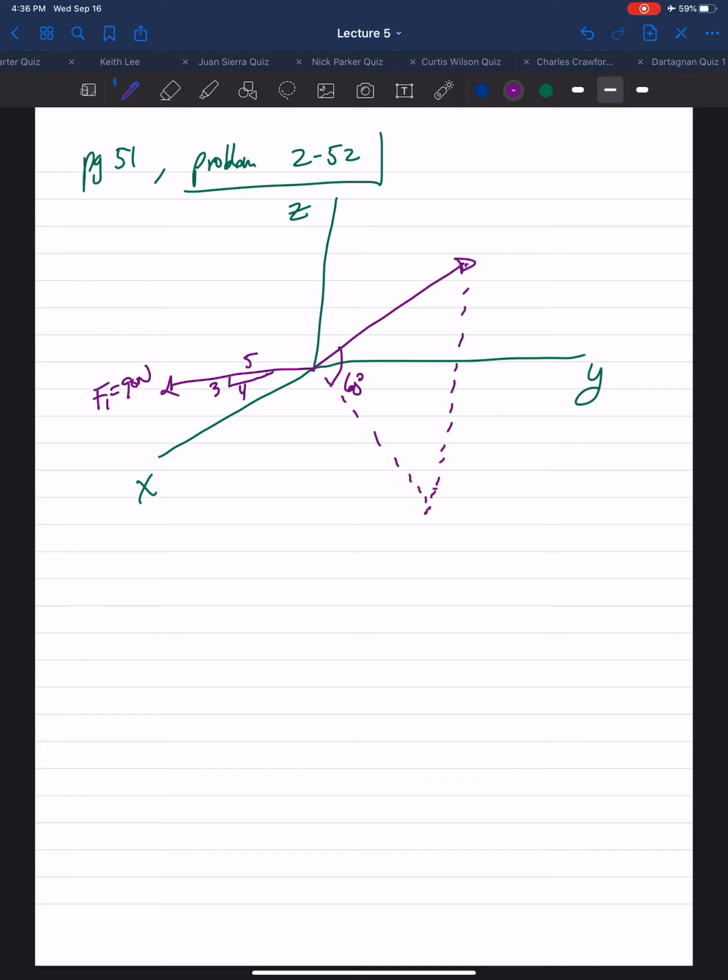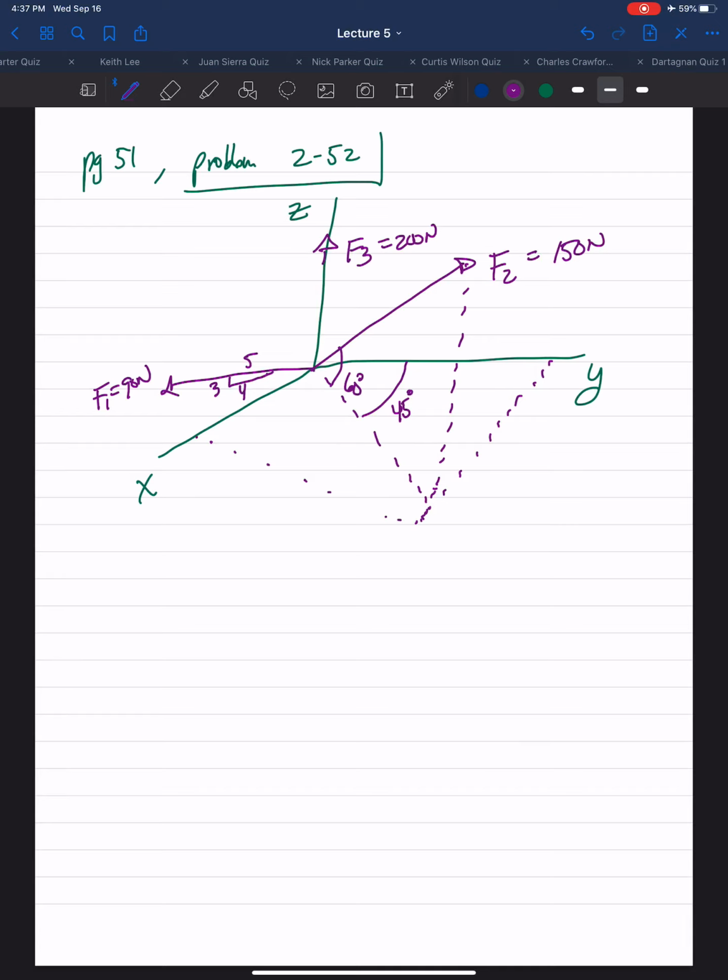They likewise then gave us the angle, so a 60-degree angle to get us in the XY plane, and a subsequent 45-degree angle, the XY plane angle makes between the X and the Y axes. Last but not, this is F2, 150 newtons. Last but not least, there's an F3 that is on the Z axis alone.